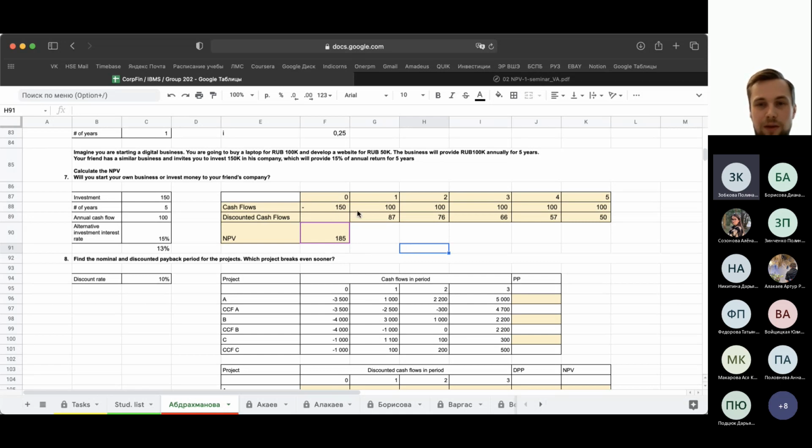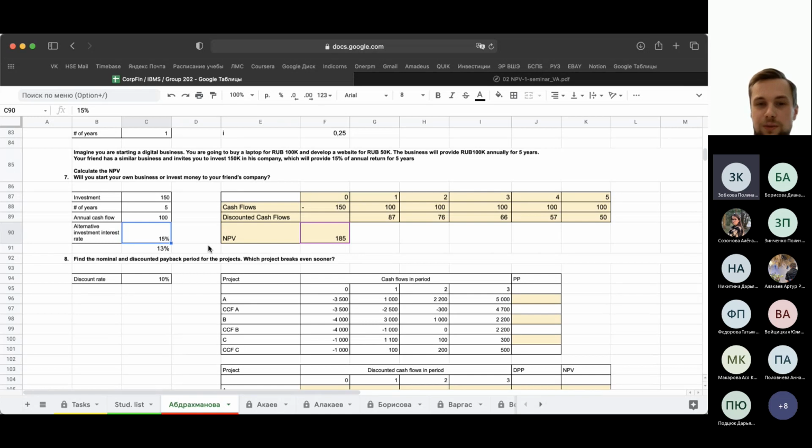And in this case, again, let's discuss it again. So we have an idea to start our own business, and it will give us these cash flows by the year. And we have an alternative investment opportunity to invest in our friend's business the same amount of money and have 15% a year.